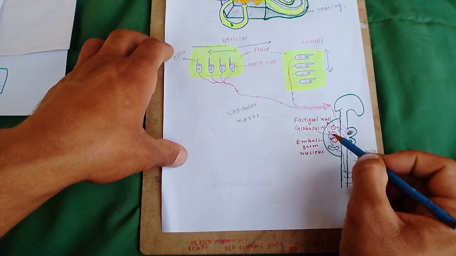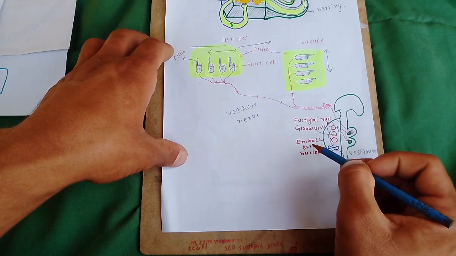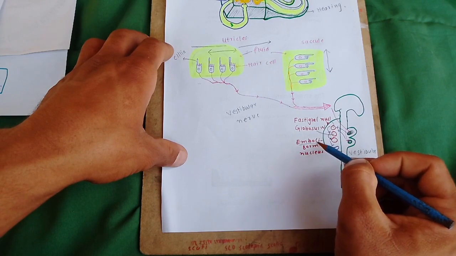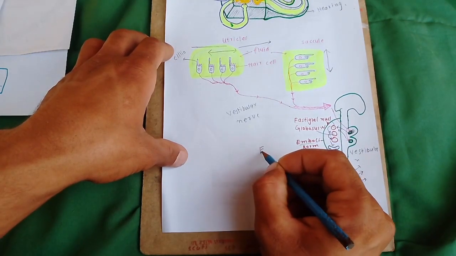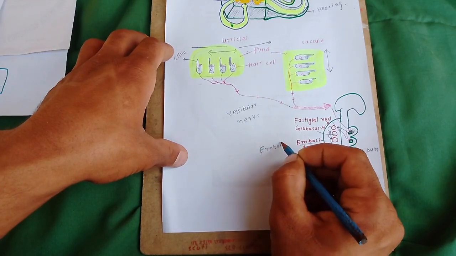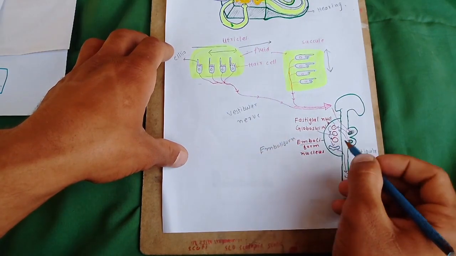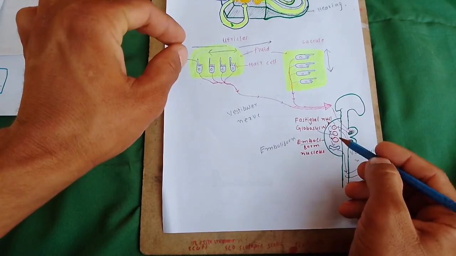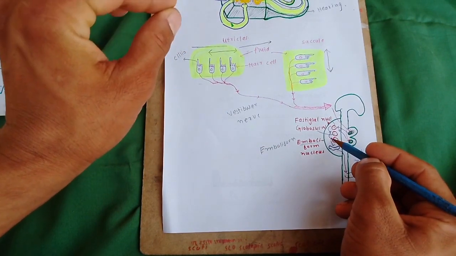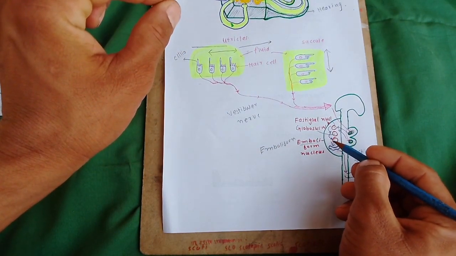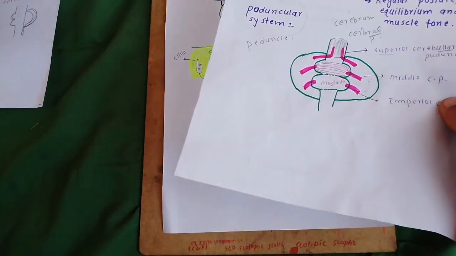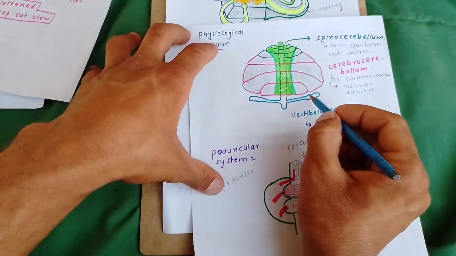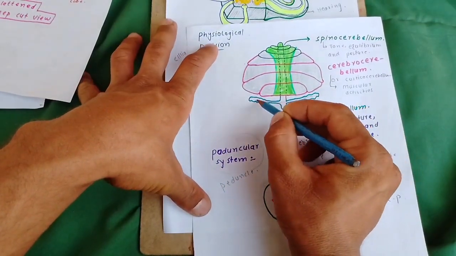Then from the globose nucleus, the message goes to the emboliform nucleus, and then from the emboliform nucleus, the message goes toward this area.